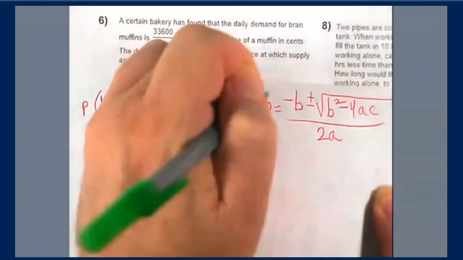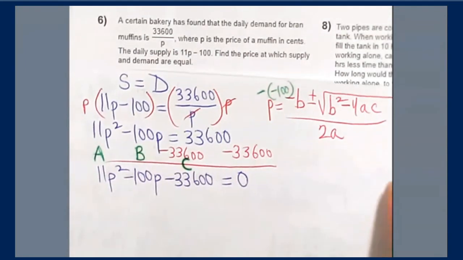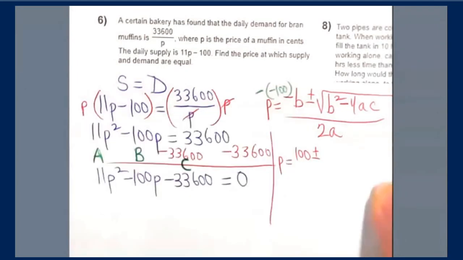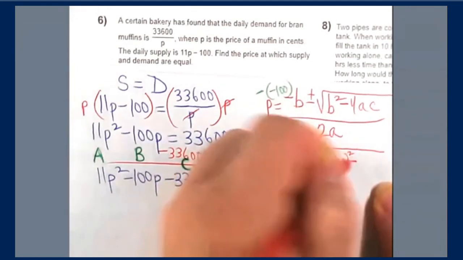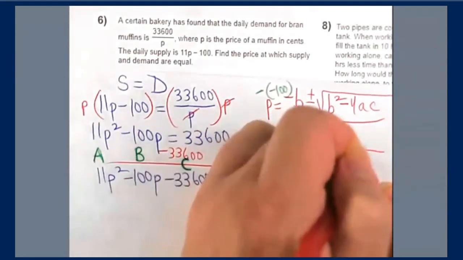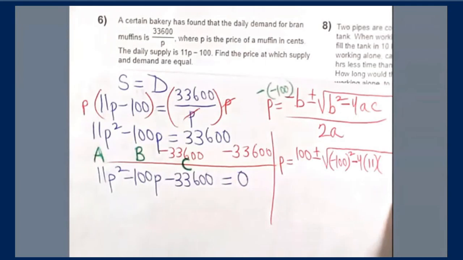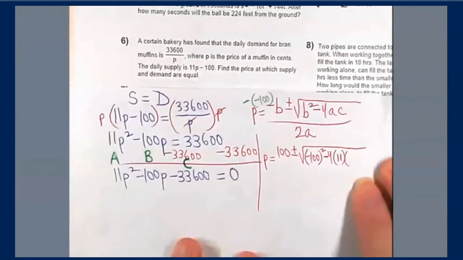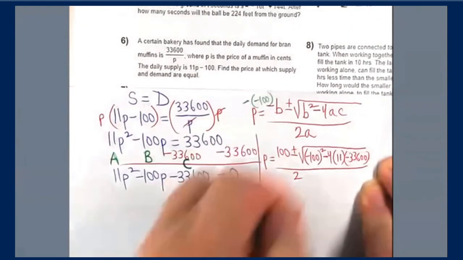So we have a double negative at the front, and we can make that a positive 100, plus or minus the square root of negative 100 squared minus 4 times A, which is 11, and times C, let me zoom out so you can see everything, times C, which is negative 33,600, all over 2 times A, or 2 times 11.